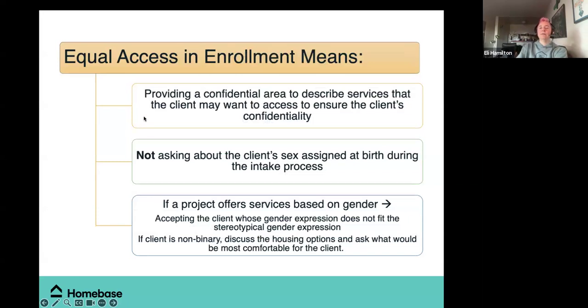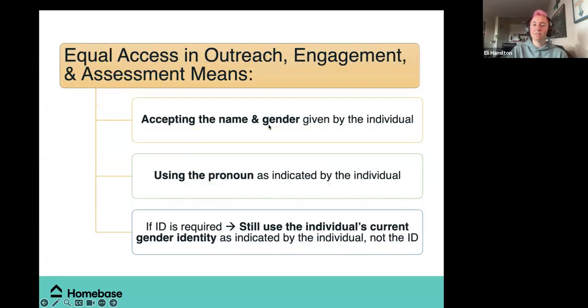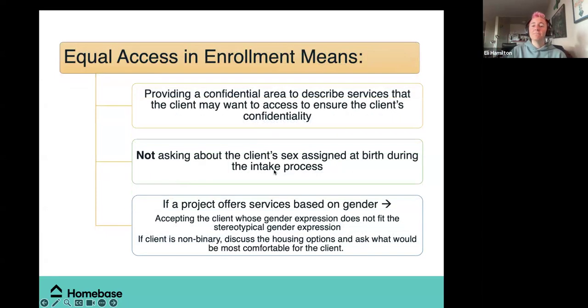And then other things about enrollment and intake. It is a standard thing in intake to ask about someone's name and also to ask them their gender. That's a standard HMIS data field. It's a standard thing on intake forms. But you don't have to ask, and you shouldn't ask, about the client's sex assigned at birth. I'm going to say something that sounds a little bit extreme, but I'm doing this to make a point.